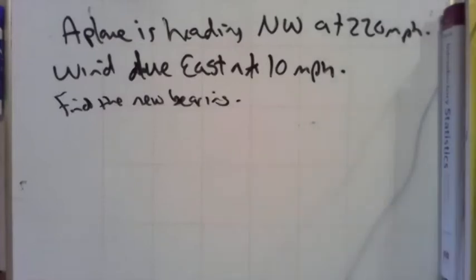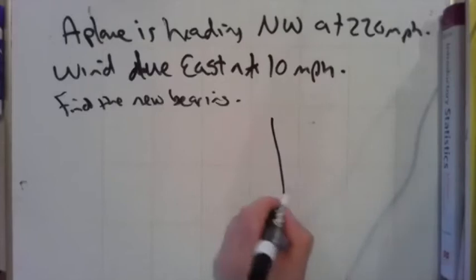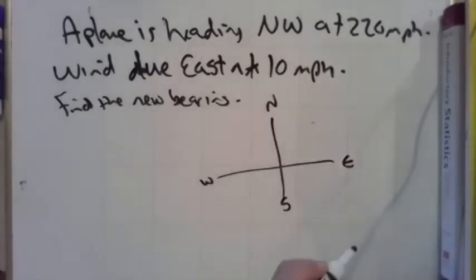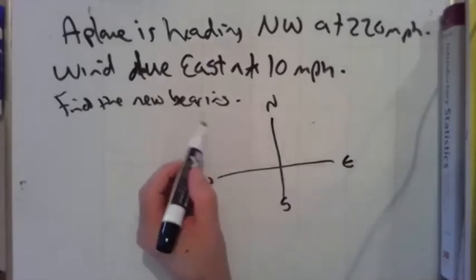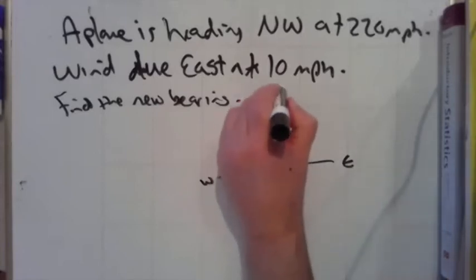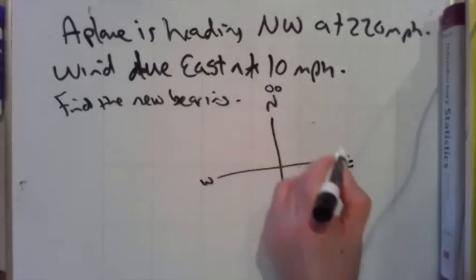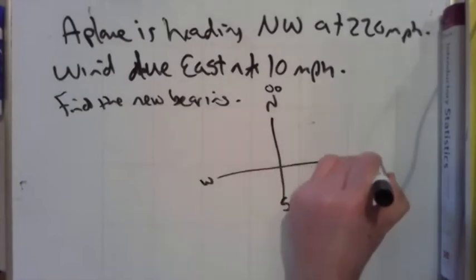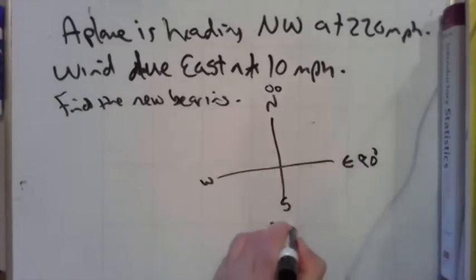Now we're going to talk about bearing in a minute. Pilots and navigators, people who navigate on the sea, use weird conventions for figuring out directions, instead of north, south, east, west. When we use the word bearing, that's relative to due north. Due north is 0 degrees, and they rotate around clockwise. So this would be 90 degrees, 180 degrees.